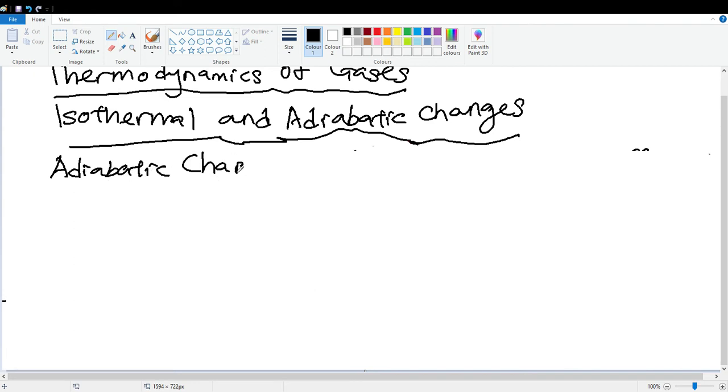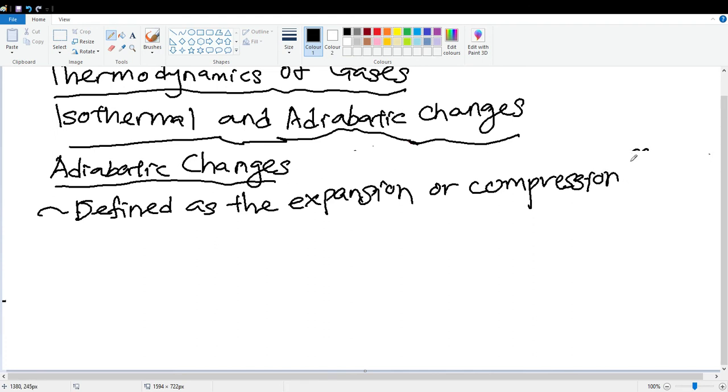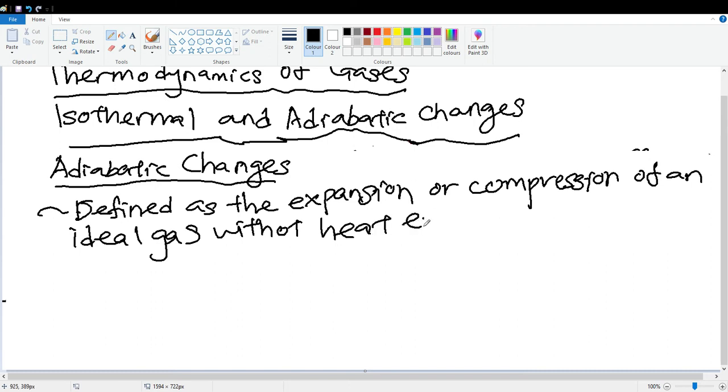Adiabatic changes are defined as the expansion or compression of an ideal gas without heat entering or leaving the system.